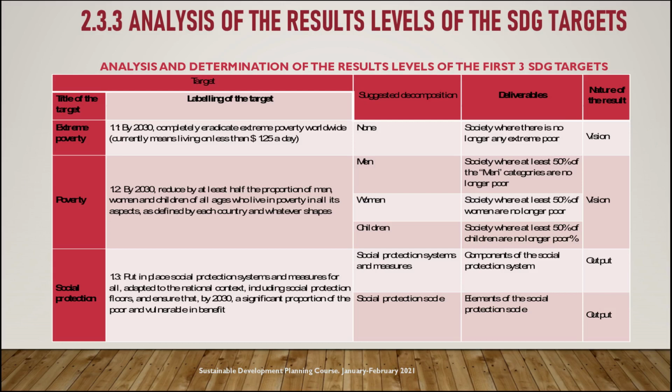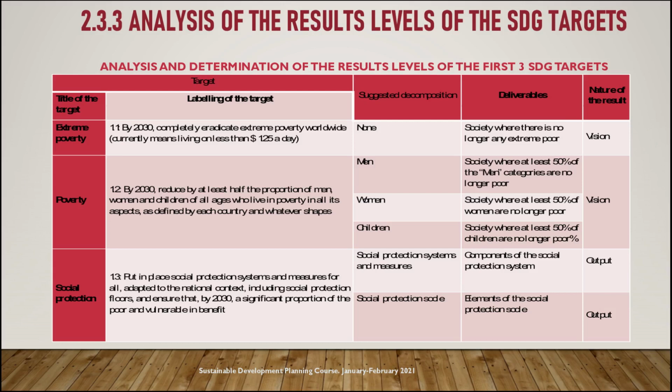and the fourth column is used to formulate the deliverable that can be derived from those simple elements of each target. And based on the purpose and the deliverable, we can conclude whether each of those subcomponents is a vision, an impact, an outcome or an output.